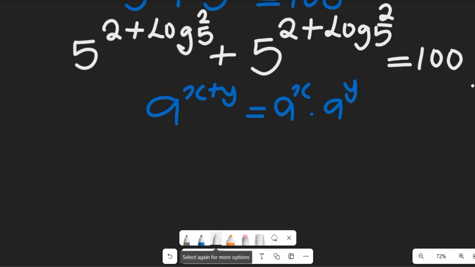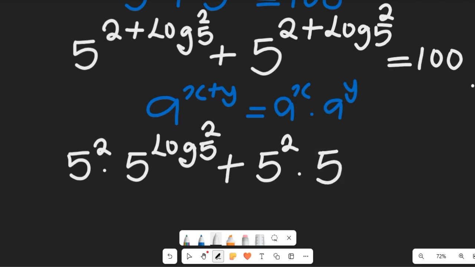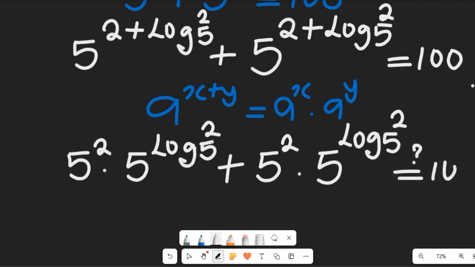So if we apply that here, we're going to have this to be 5 to the power of 2 multiplying 5 to the power of log of 2 base 5, plus 5 to the power of 2 multiplied by 5 to the power of log of 2 base 5. Now will this be equivalent to 100? And let's check that out.